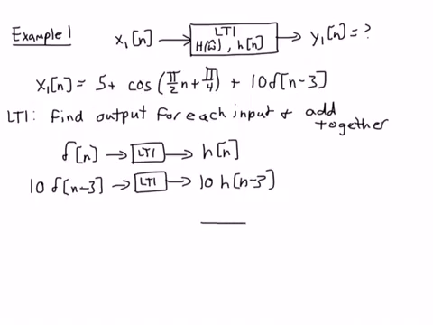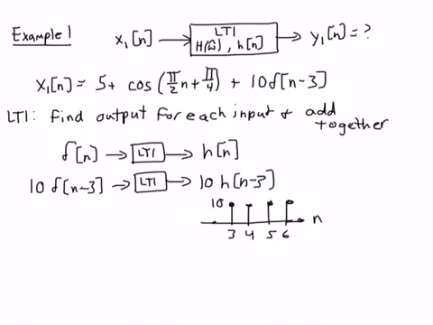So 10 h of n minus 3 is just going to be, we're going to take the impulse response we had from before, scale it by 10, so now all of these impulses are 10, and now they're going to start 3 points later, so 3, 4, 5, 6. So that's the output just due to this term here. Okay, that's pretty easy to do.